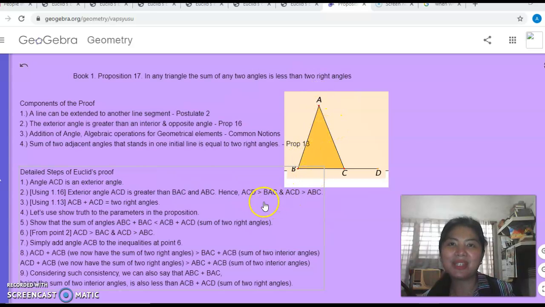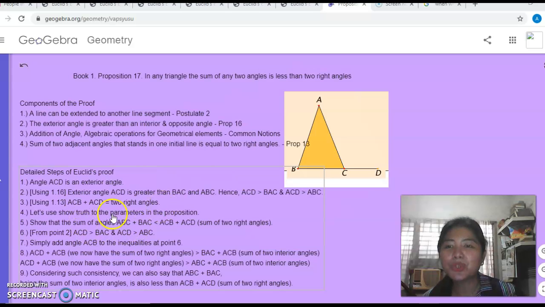So we now have these two inequalities here: ACD greater than BAC and ACD greater than ABC. Then step number 3, we have to mention Proposition 13, to derive the equation: ACB, this interior angle here, plus ACD, the exterior angle, being adjacent to one another, the sum is equal to two right angles, right? So we now have this equation.